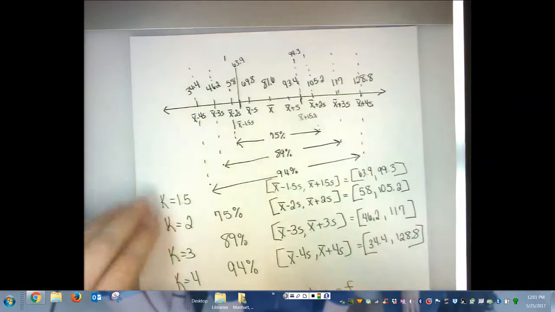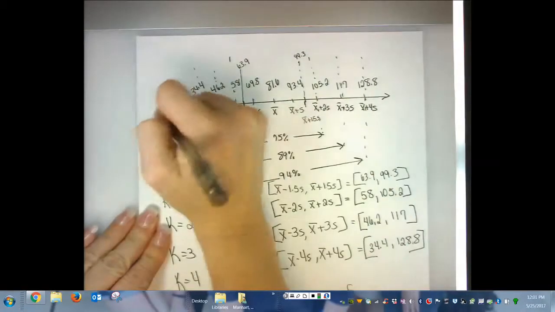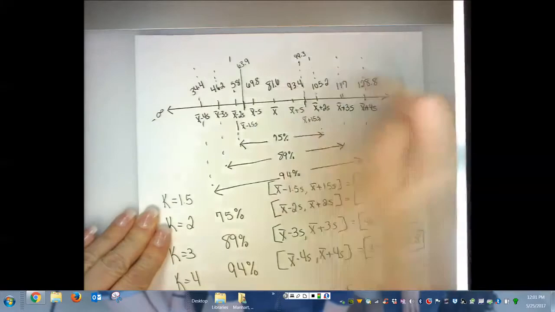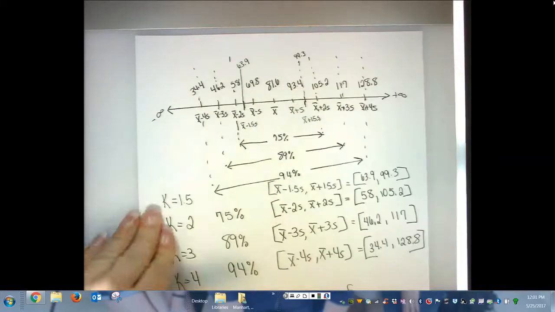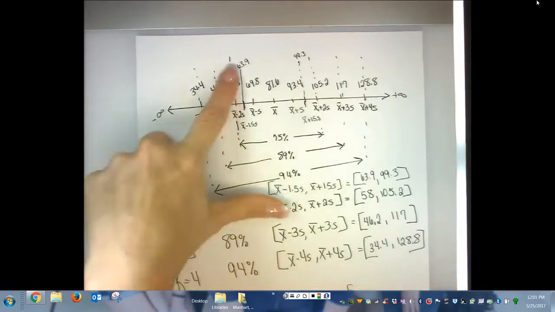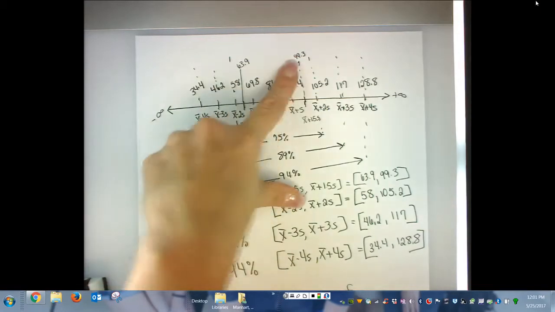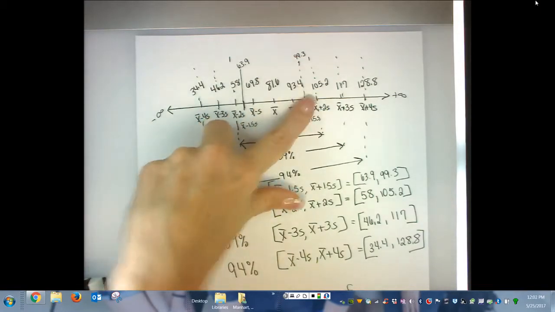And when you look at the visual, how the numbers increase from left to right, negative infinity to positive infinity, 34.4, 46.2, 58, 63.9, 69.8, 81.6, 93.4, 99.3, 105.2.